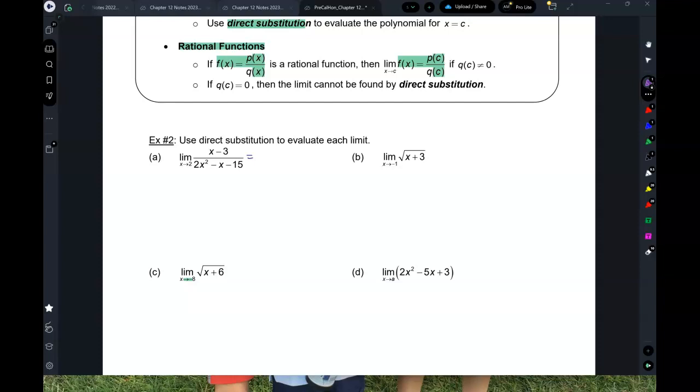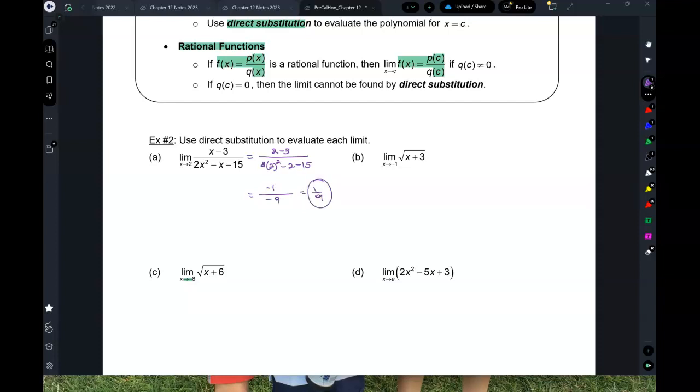As soon as you substitute this value into the function, that limit symbol will have to drop. So this will be just 2 minus 3 over 2 times 2 squared minus 2 minus 15. So this is negative 1 over negative 9, which is 1 over 9.